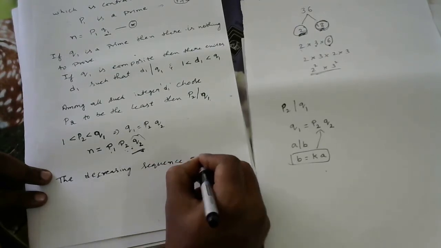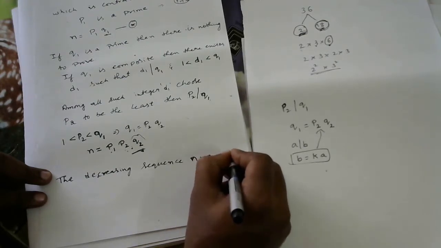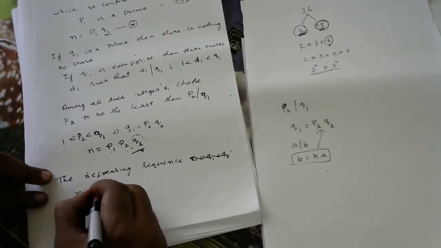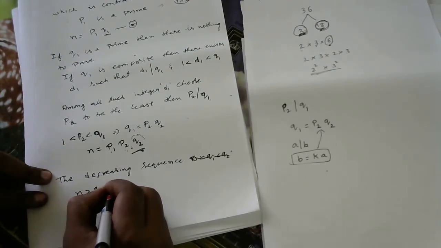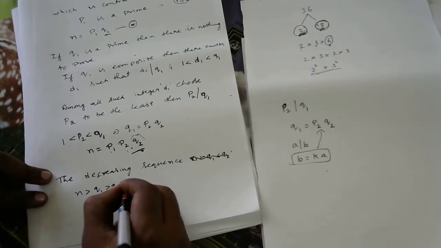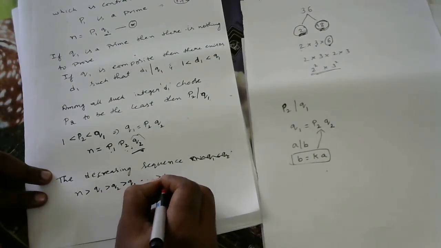Here n is greater than q1 and greater than q2 and here greater than q3, and so on, greater than 1.